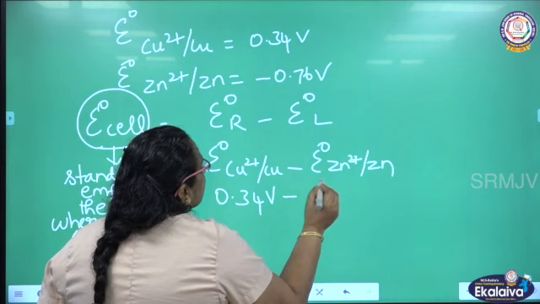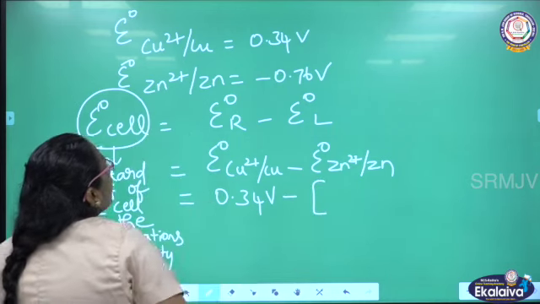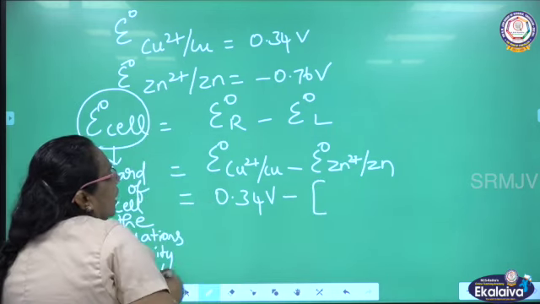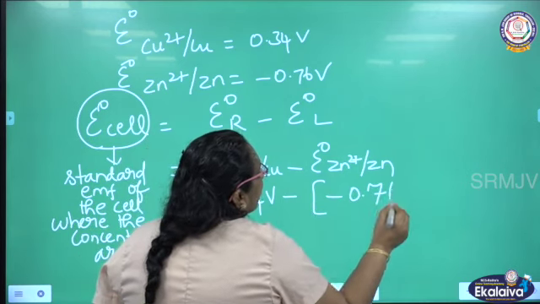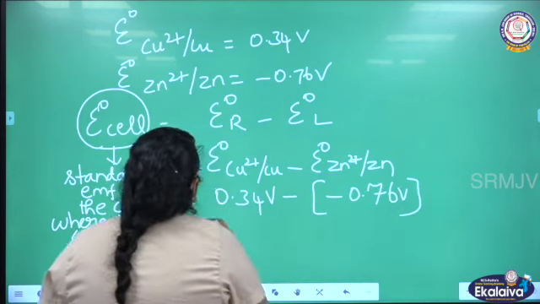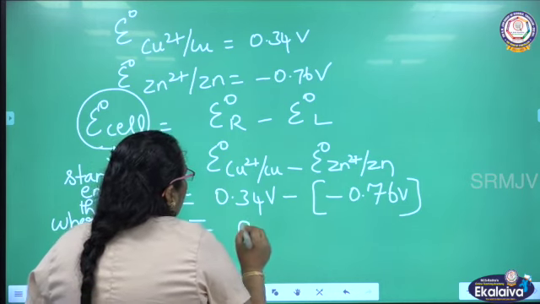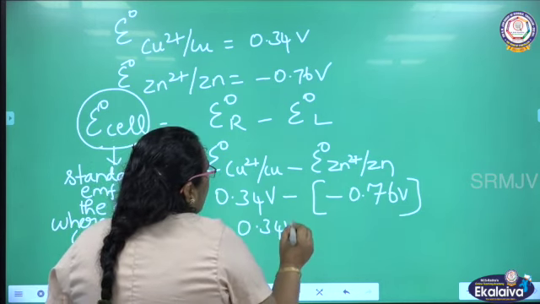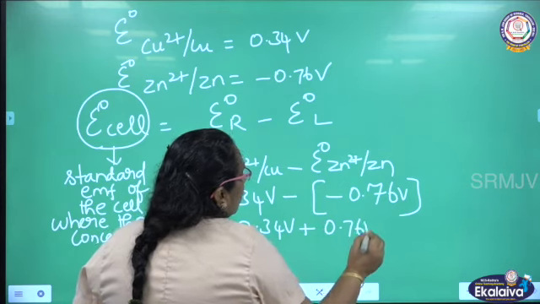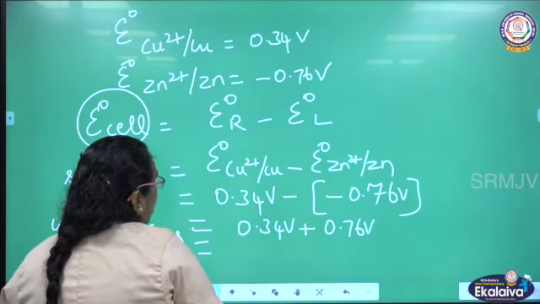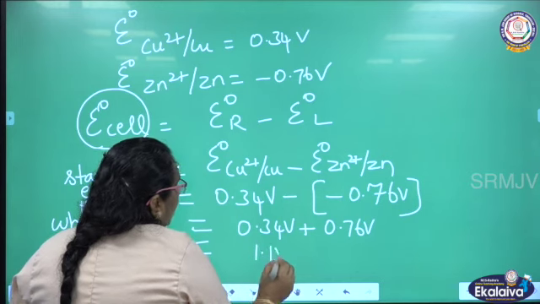Minus the standard reduction potential of zinc, which is minus 0.76 volts. Minus minus becomes plus, so 0.34 plus 0.76 volts.